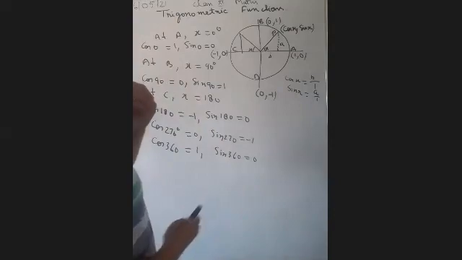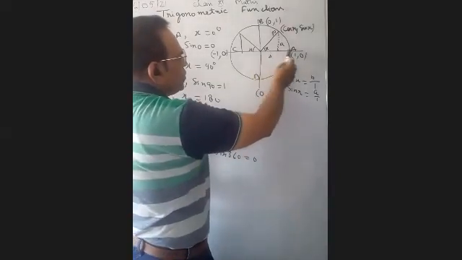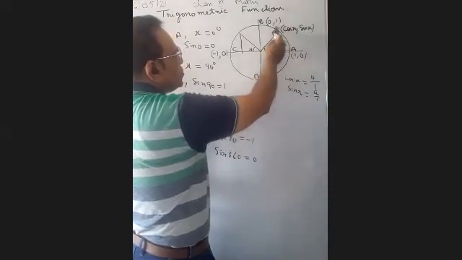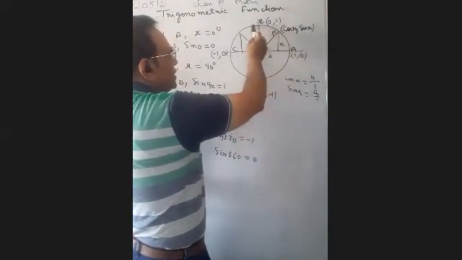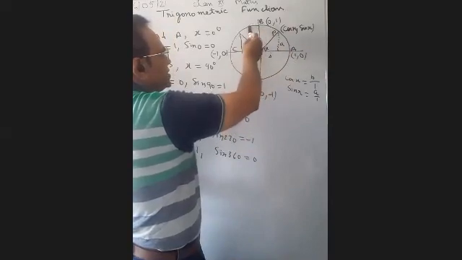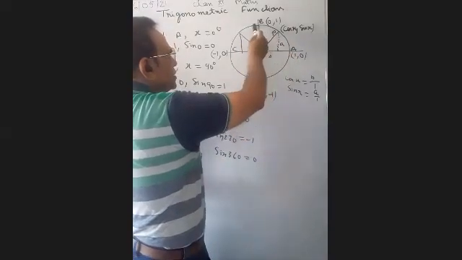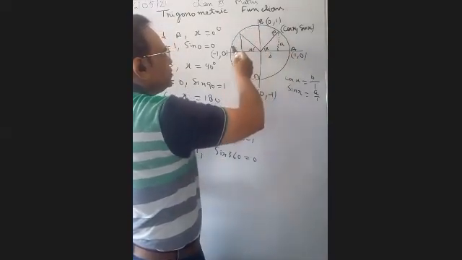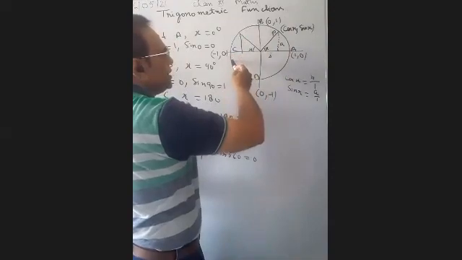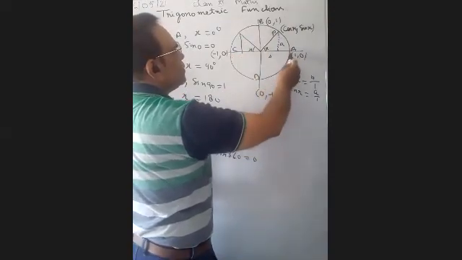You are observing that the value of cos, starting from 1, decreases to 0. After that, it keeps decreasing and comes to a negative value. Then it increases and comes to 0, then again comes to 1.